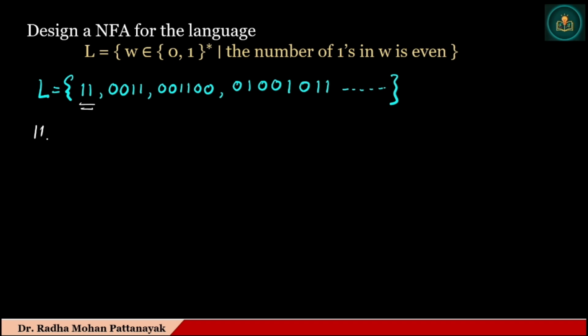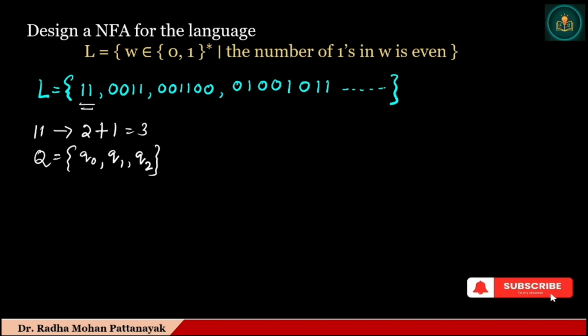Now we will decide how many states are required to design this string. The rule is the total number of characters present inside the string plus 1. So here the total number of characters is 2 plus 1, that is 3 states required to design the NFA for 1 1. If 3 states are required, then our Q will become Q0, Q1, Q2. Q2 will become our final state.